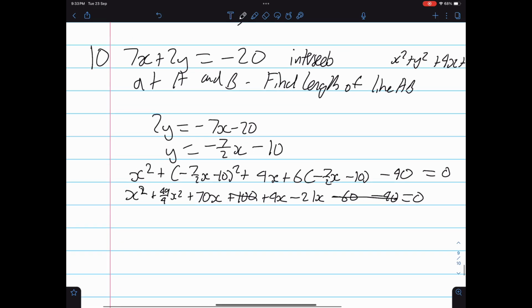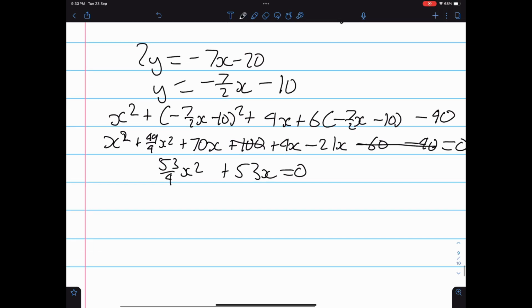Eliminate there. So we get 53 over 4 x squared plus 53x equals 0. And then if we factor 53 out, we get x over 4 plus 1 being equal to 0.